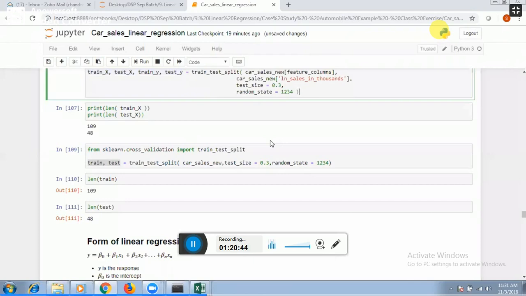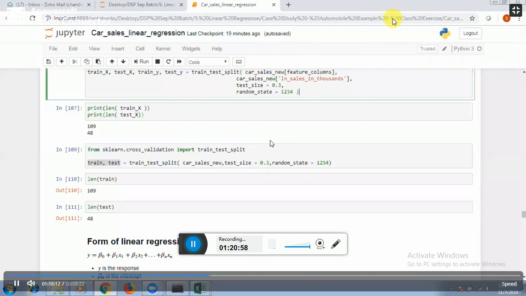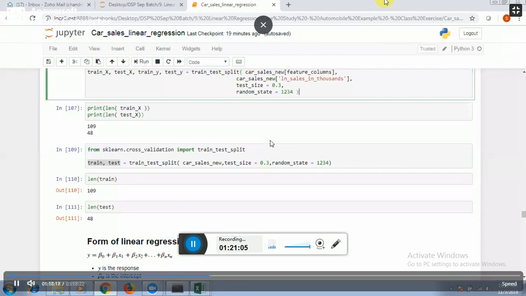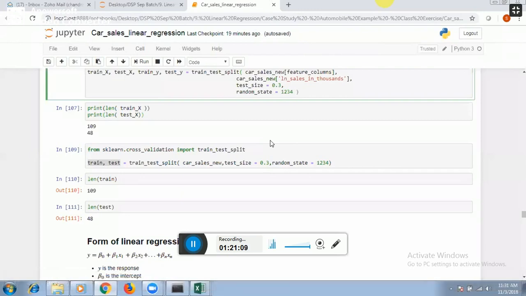For scikit-learn functions, you need to give train X, test X separately, or train X and train Y separately. If you want to build a model using statsmodels, you can directly use train with the Y and X in a single data frame. Anyway, you will see that part in a while. Till now, any questions on this? I think now you're clear with the understanding of all of these things, right?